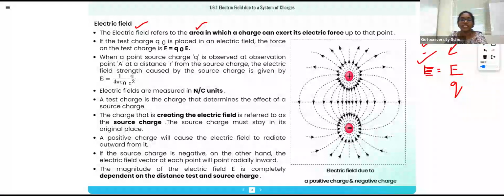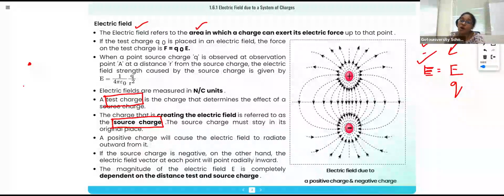And here, when you are studying this lesson, I said already we will study about the point source, right? Here we will speak about two things. One is the test charge, another one is the source charge. Now, if there is a charge that I want to check, that charge is called the source charge.